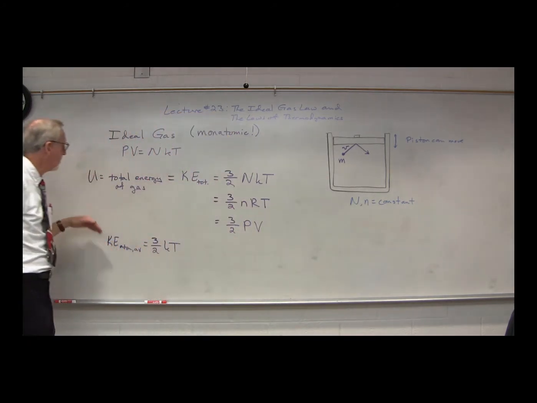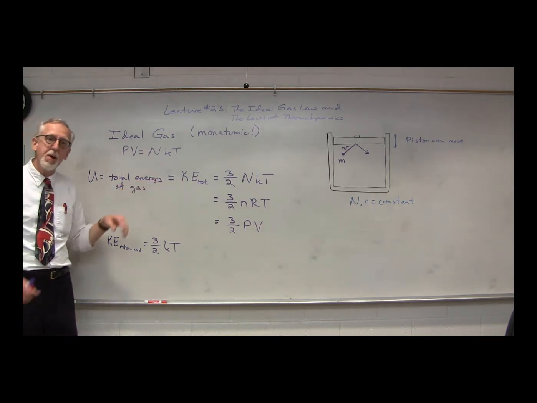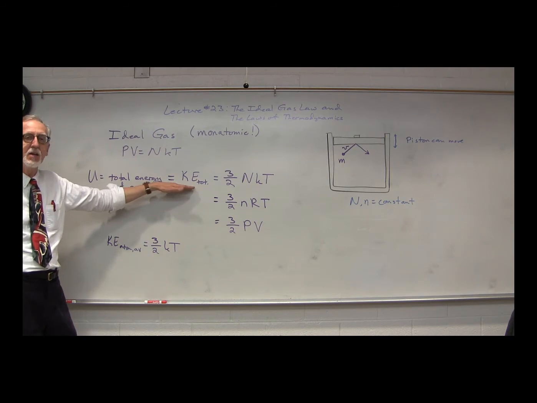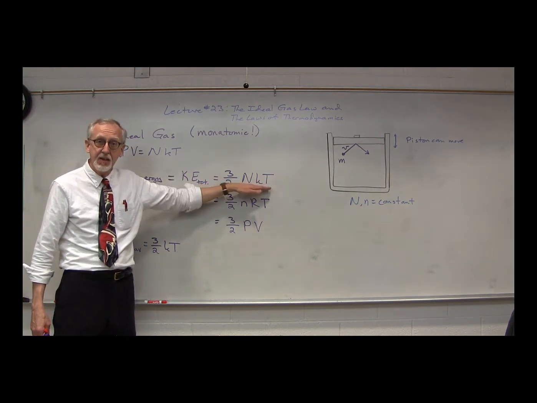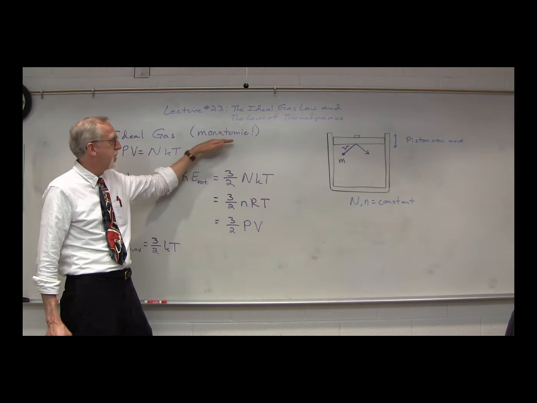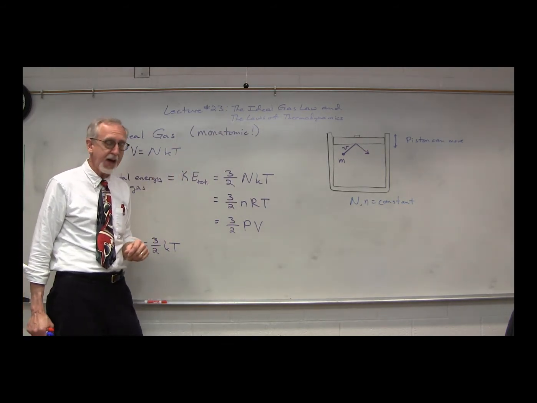It turns out that the total energy of the gas, which is all kinetic, remember we're ignoring any potential energy, the total kinetic energy, the sum of all the kinetic energies of all the particles, is 3/2 nkT. Now this is very interesting, this 3/2 nkT, and I'll come back to why it's important that this is a monatomic ideal gas.